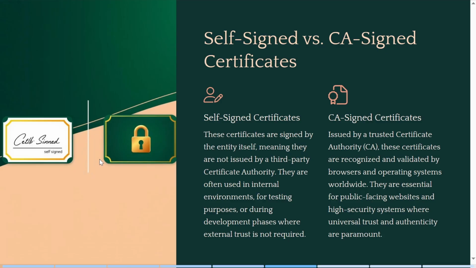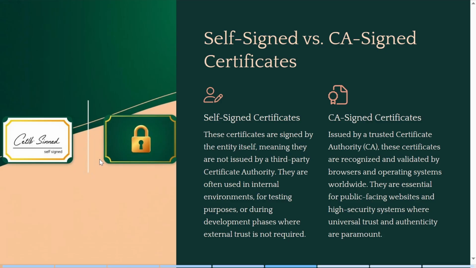We use these certificates where there is no concern of security, integrity, confidentiality, or data breaches. So no trust required, we can use self-signed certificates. Usually these are not recommended. These are recommended only in testing environments, so that there will be no issues with the data security or the integrity.